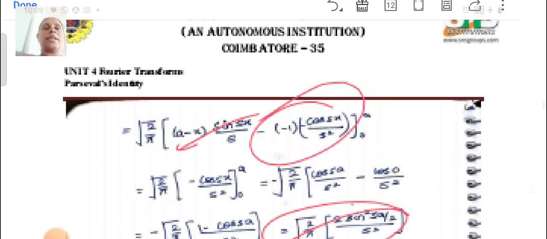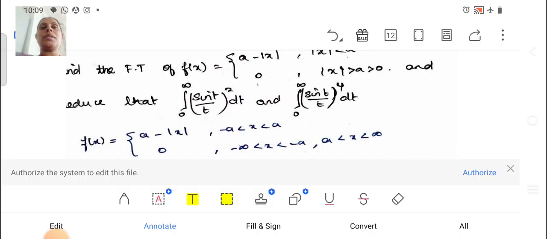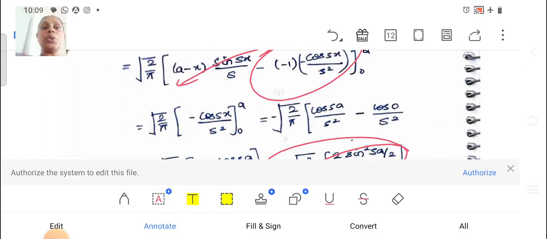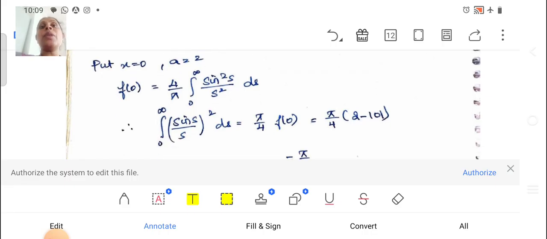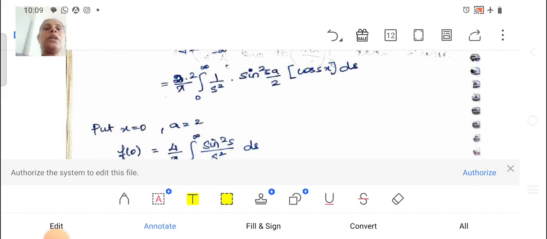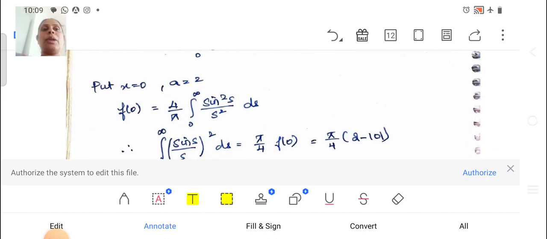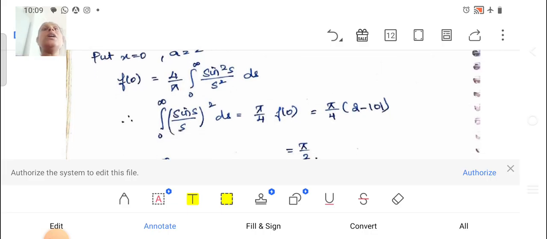Then see the deduction. In this deduction we have to use the integral of (sin t divided by t) the whole square dt. So here we want to substitute the values x equal to 0 and a equal to 2. Okay, so after that we get 4 by pi, integral from 0 to infinity of sin square s divided by s square ds. So we get (sin s divided by s) the whole square ds.